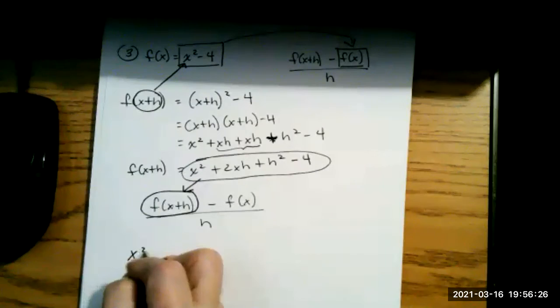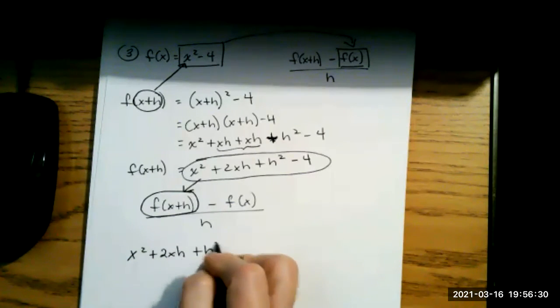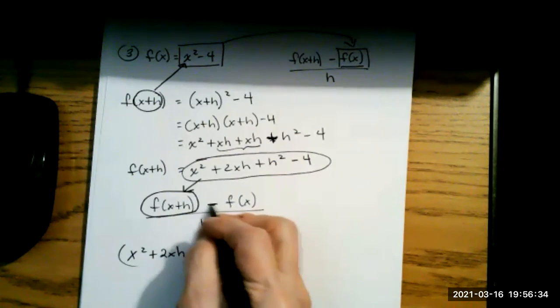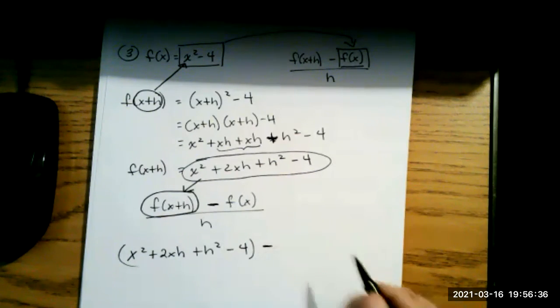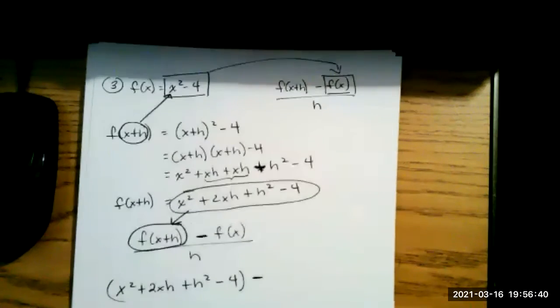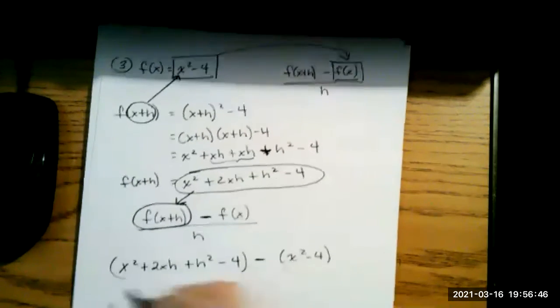So I have x squared plus 2xh plus h squared minus 4. Minus goes down in between them. Now, what am I going to put in for f of x? X squared minus 4. Whoever's doing that is getting it right.